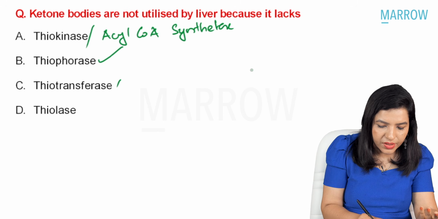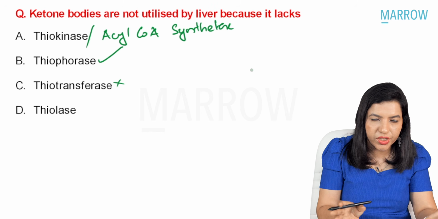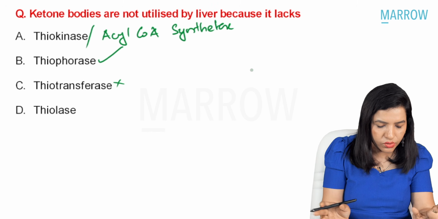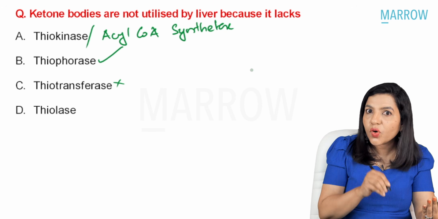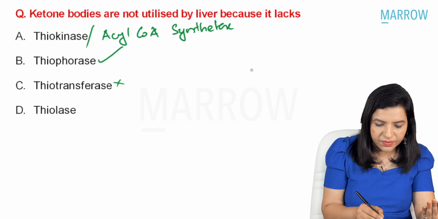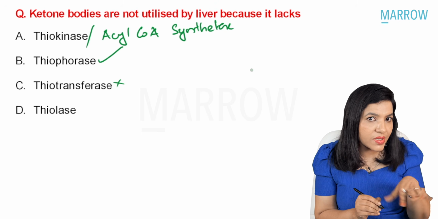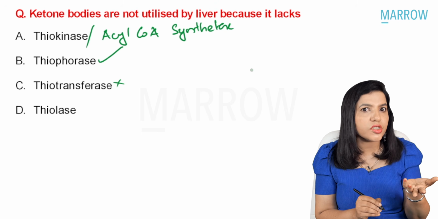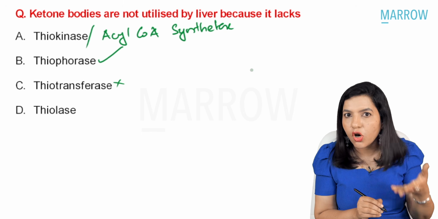Then thiotransferase is not an enzyme involved in ketone body synthesis or utilization, so that's also not the answer. Then thiolase. Thiolase is involved in ketone body utilization, but it is not an enzyme that is absent in the liver, because we know that thiolase is also involved in fatty acid oxidation.